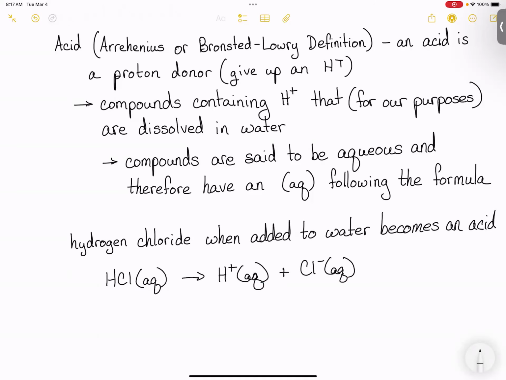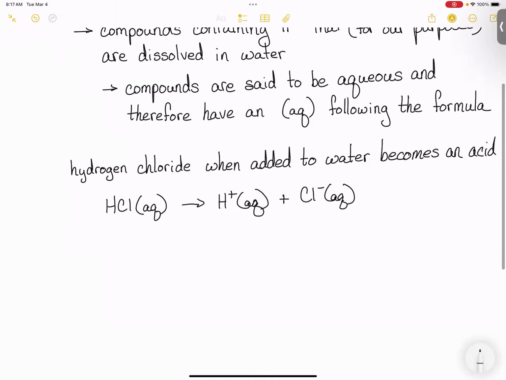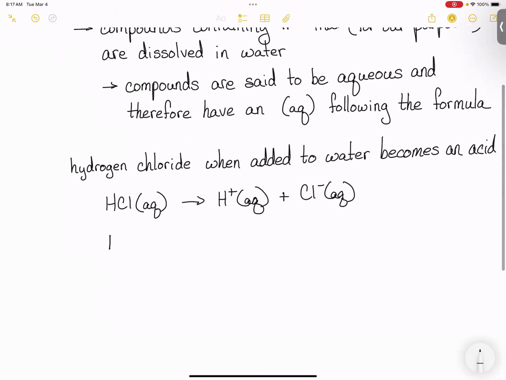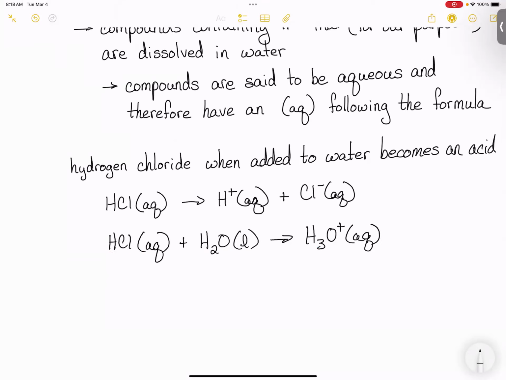Now, sometimes you're going to see an acid dissociation written in this format, but you can also find the same acid dissociation, because it is dissolved in water, to form hydronium, which is one of our polyatomic ions that we haven't used, and the associated anion.